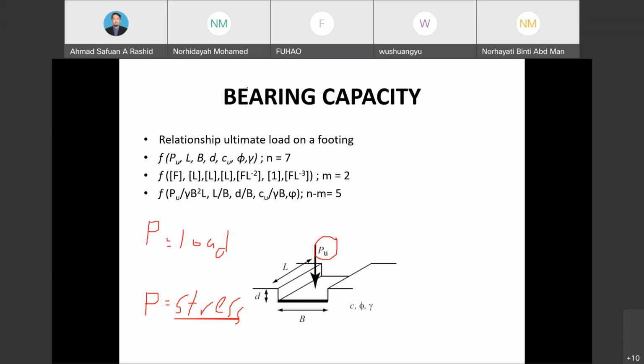Then we have 7 parameters: L, D, B, C, phi, gamma, Pu.